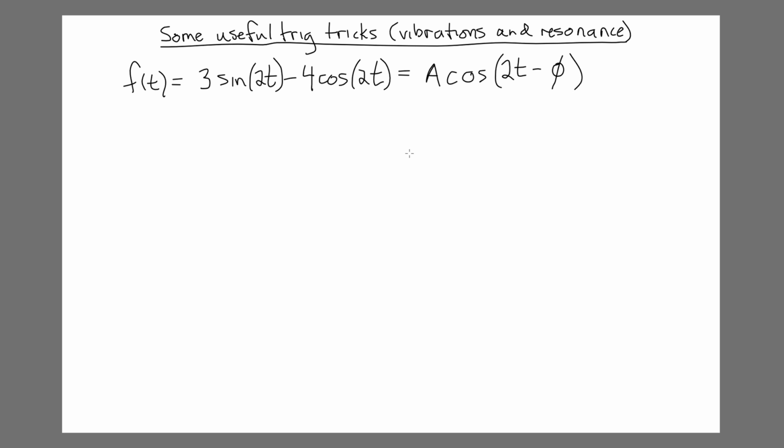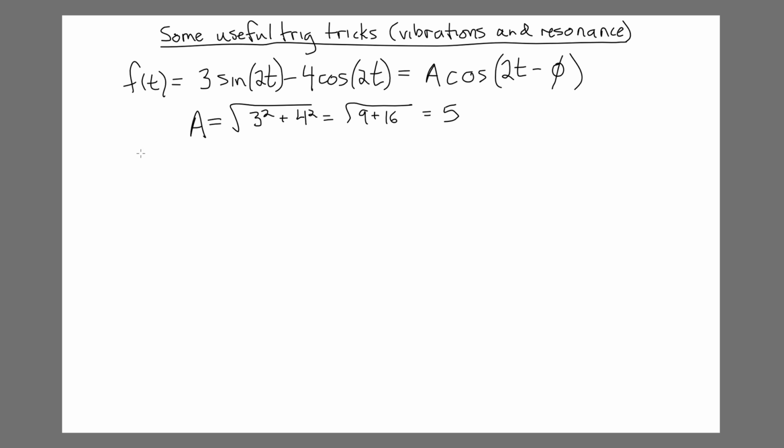We use the same technique that I described in the previous video, and that is we first write down the amplitude, which will be the square root of 3 squared plus 4 squared, which is the square root of 9 plus 16, which is 25. So the square root of 25 is 5. So the amplitude is 5.